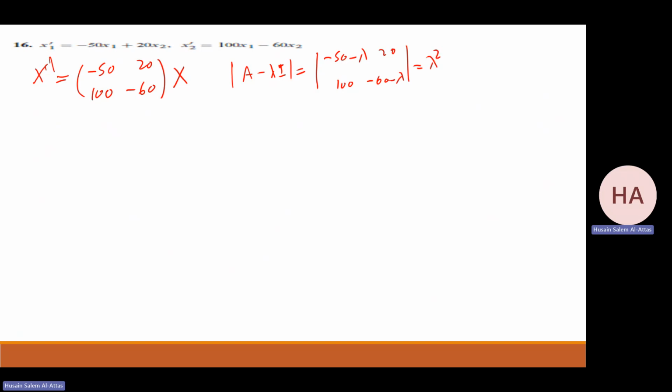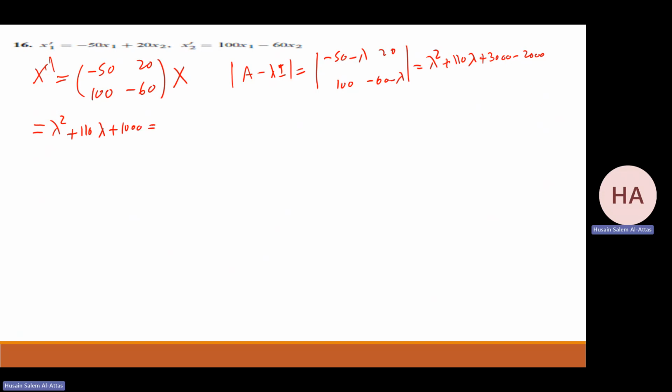Lambda square, 60 lambda plus 50 lambda plus 110 lambda. 50 times 60 is 3000, minus 2000. That will be lambda square plus 110 lambda plus 1000.